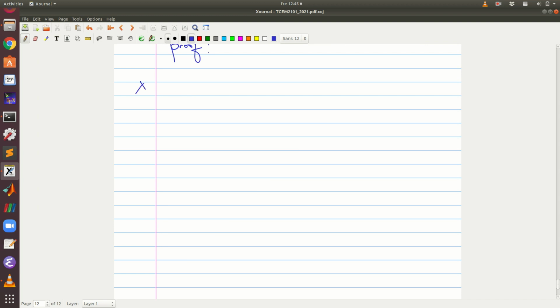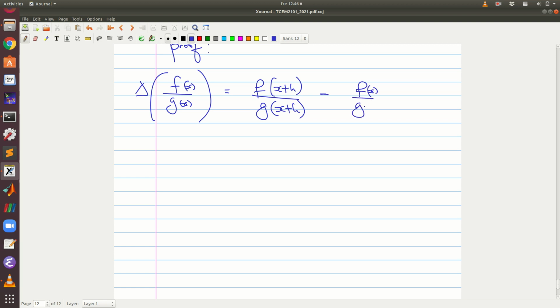By definition, we know that if we have this quotient here, then its first forward difference is going to be f of x plus h divided by g of x plus h minus f of x divided by g of x.